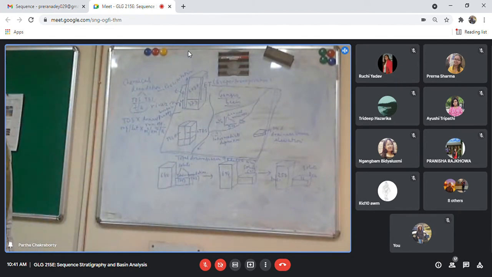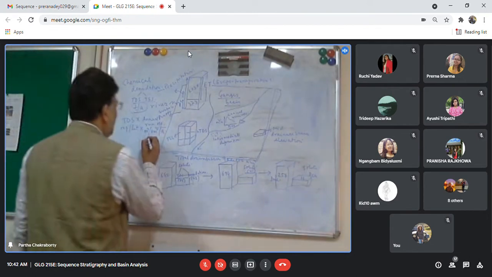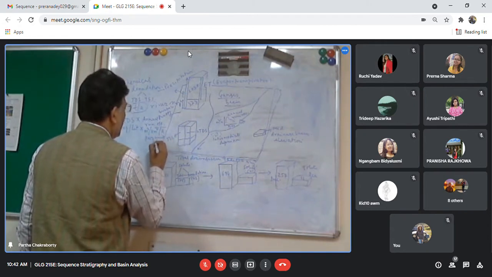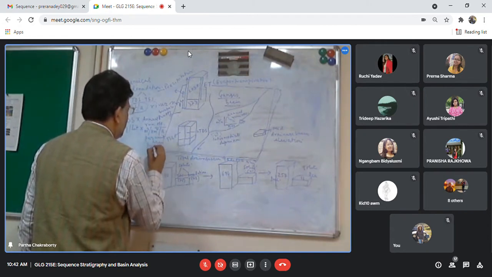That is the meter cube per kilometer square per annum. That means the annual runoff per unit area per annum.